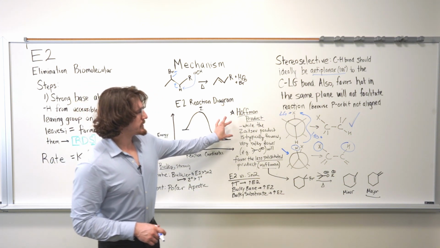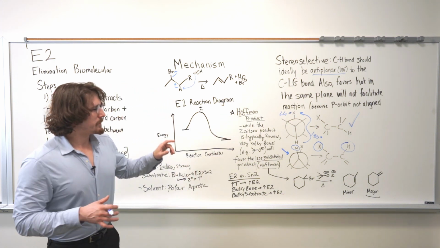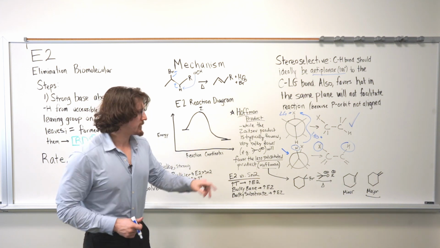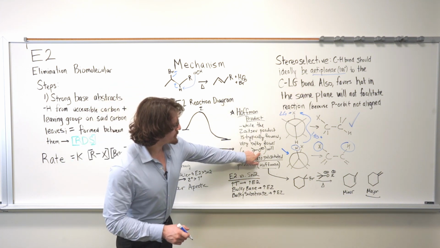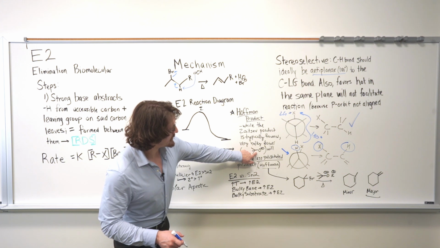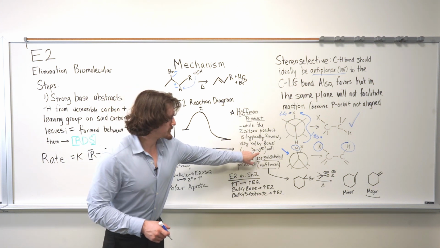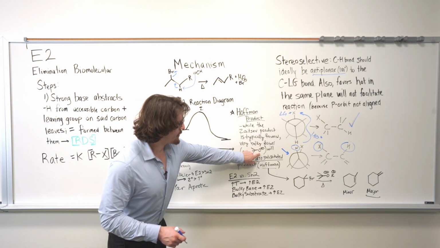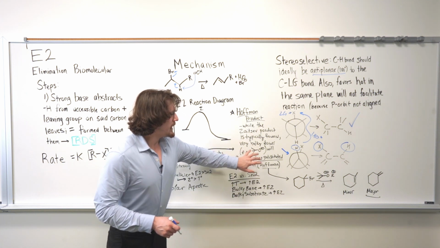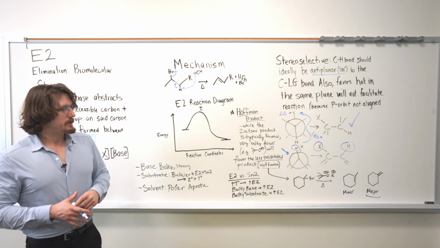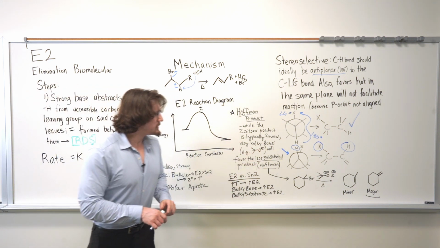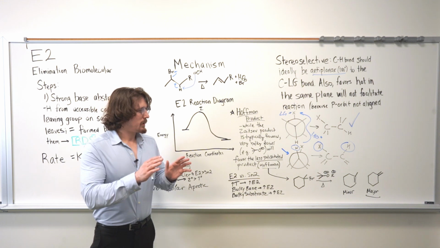So normally Zaitsev is favored, but if the base is very, very bulky, for example, this oxygen with the tert-butyl group attached to it, this is a very bulky hydrocarbon chain attached to this oxygen, which is the one that's going to be abstracting hydrogens.